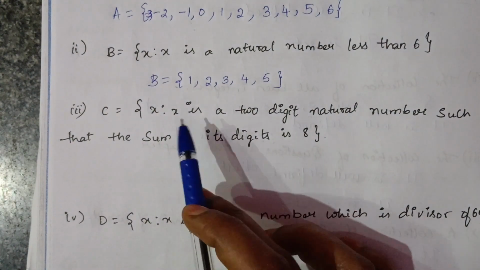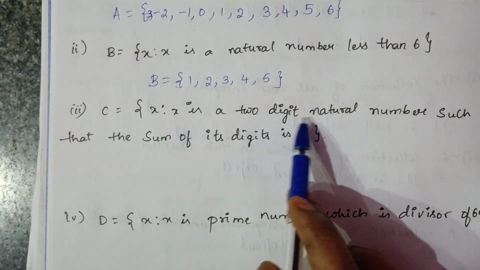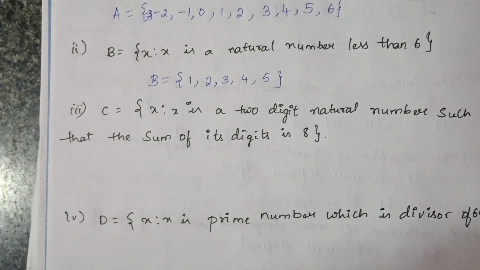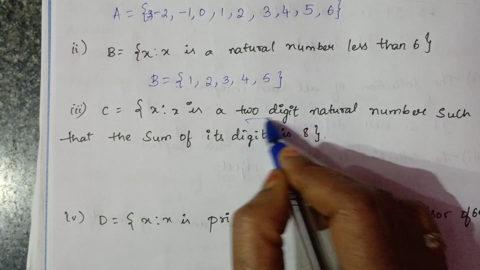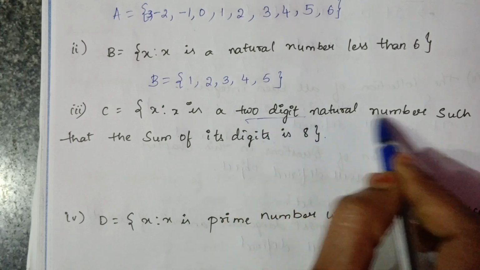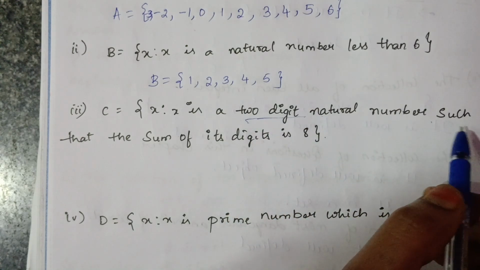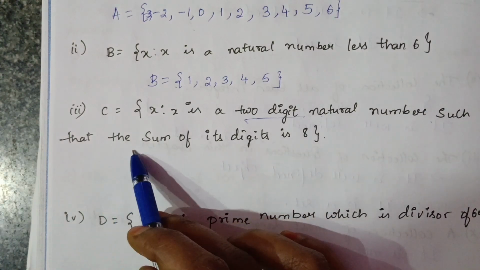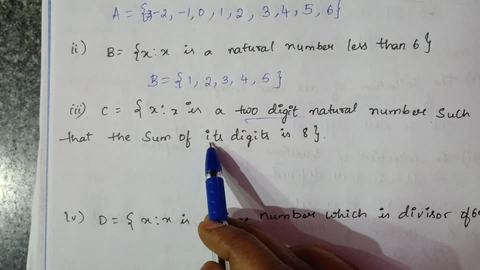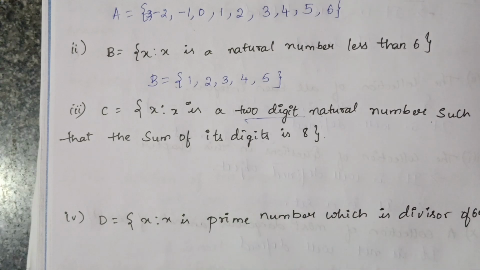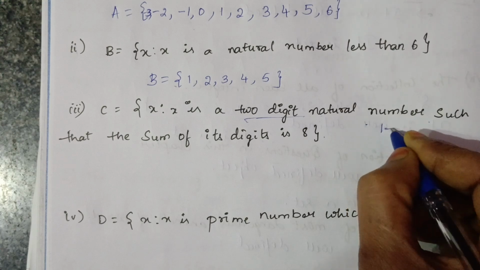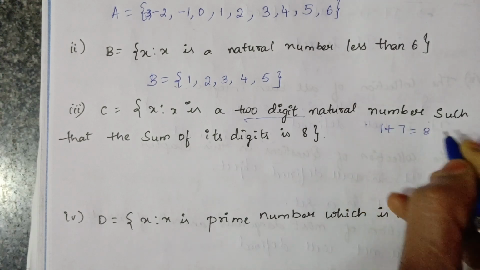Next question. x is a 2-digit natural number such that the sum of its digits is 8. If you take 1, then 1 plus 7 gives 8.